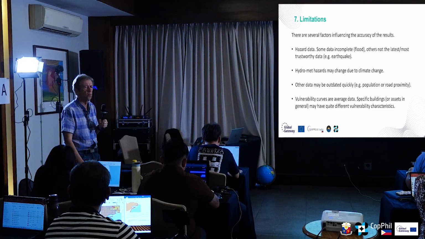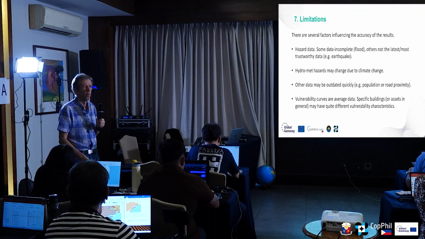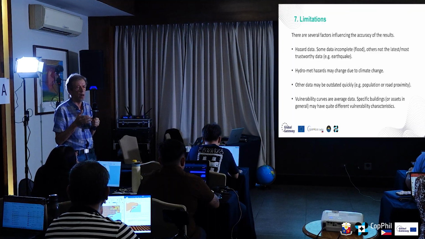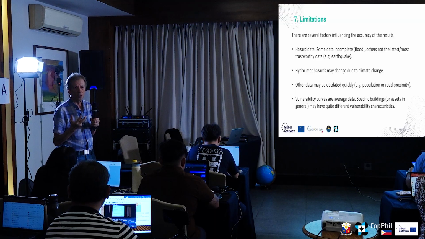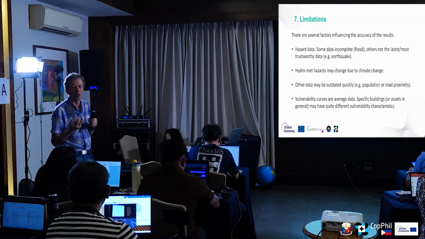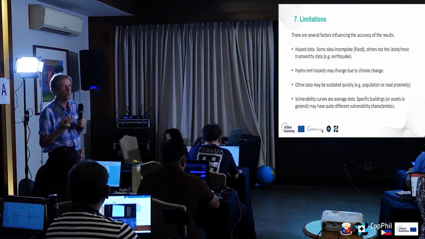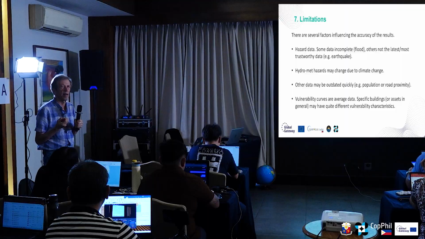I also would like to mention that I assumed that the hazard events come single and not combined, which is not realistic. Sometimes they come together. And another assumption is that if you have damages to a building, the time until the next hazard event is long enough to repair things.